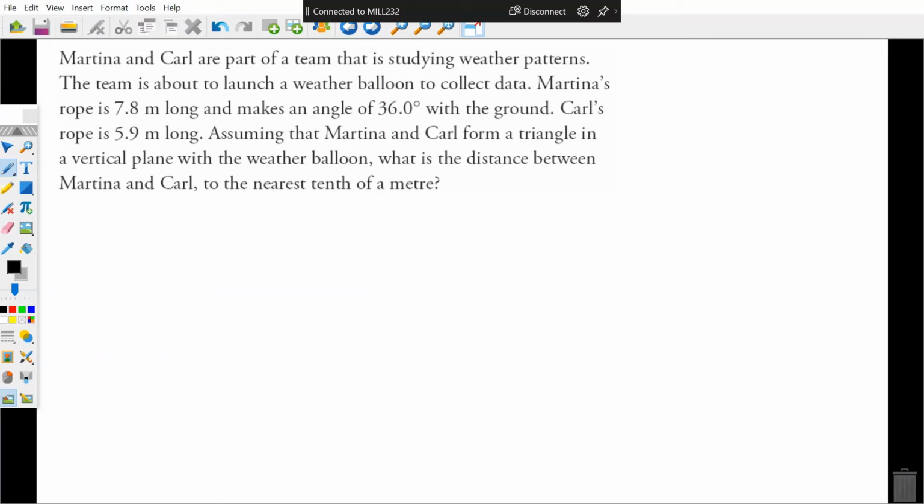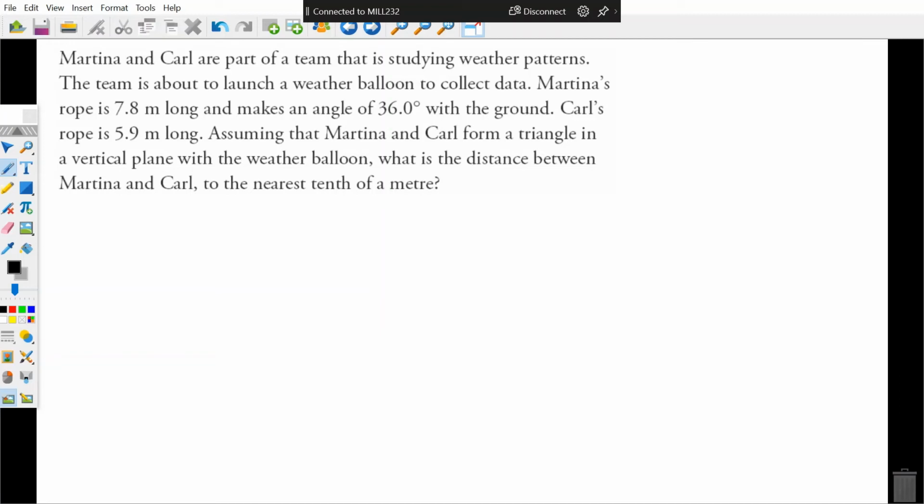Carl's rope is 5.9 meters long and, assuming that Martina and Carl form a triangle in a vertical plane with the weather balloon, what is the distance between Martina and Carl to the nearest 10th of a meter?